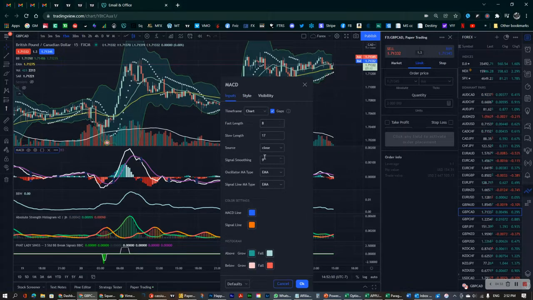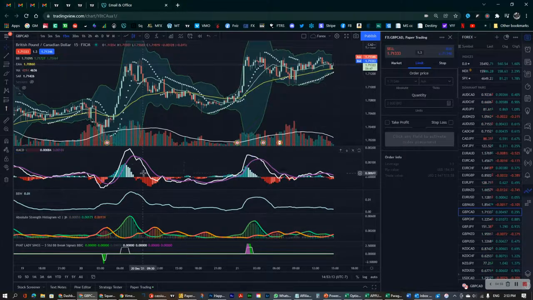Inputs, yep, I have the short one: fast length 8, 17, and the signal is the 9. And I always have it on EMA, by the way. Well, try SMA. I do the EMA because I am a shorter term trader. So whatever fits your trading style best.